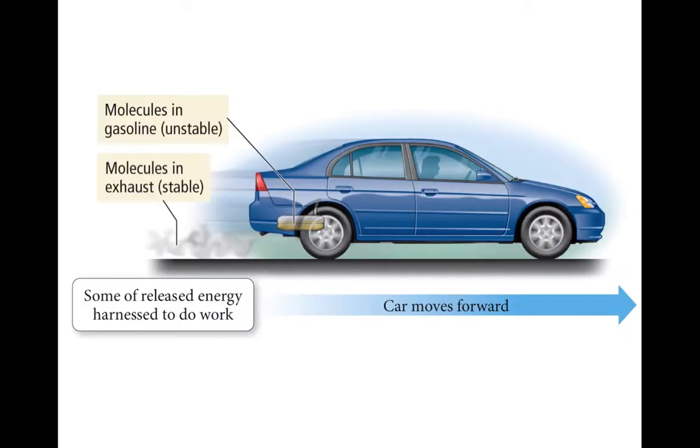Another example would be a car. Right, this is a Honda Civic. It looks like it's probably a 2001 or 2002. I used to have one like this. That was white. This is meant to be like a cutaway, so you can see a gas tank back in there, behind the wheel. So you've got all this gasoline in this tank, and it's got potential energy because it's an energy of composition.